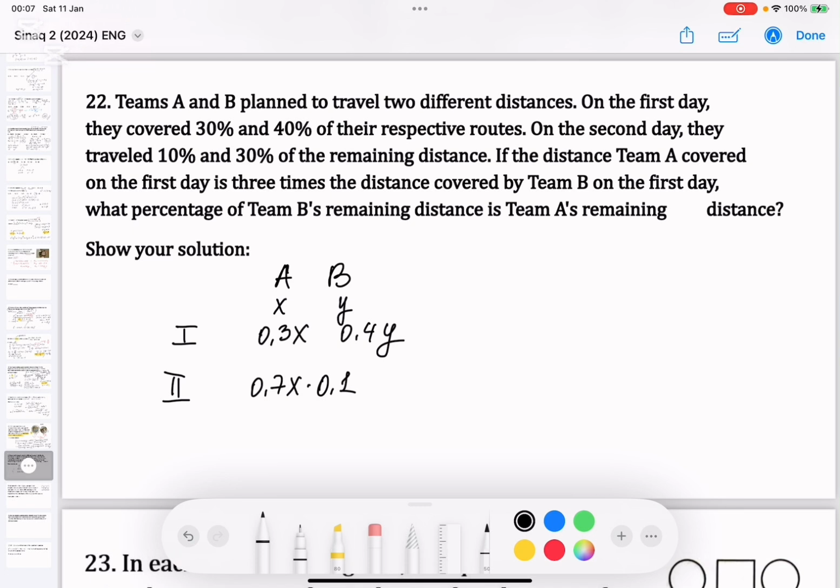If on the first day they traveled 0.4y kilometers, the remaining distance is 0.6y, and on the second day they travel 30% of it, so we multiply by 0.3. So on the second day, Team A travels 0.07x kilometers, while Team B travels 0.18y kilometers.